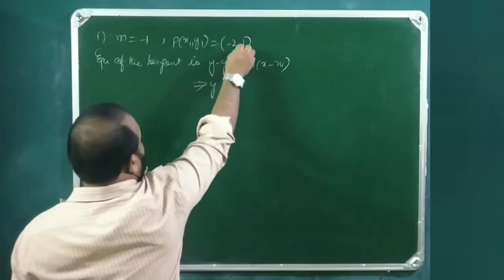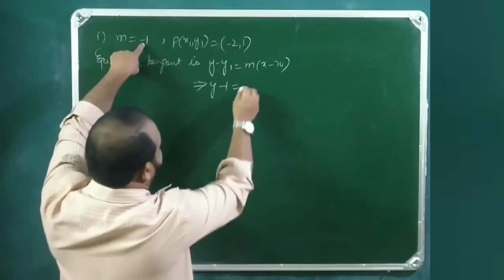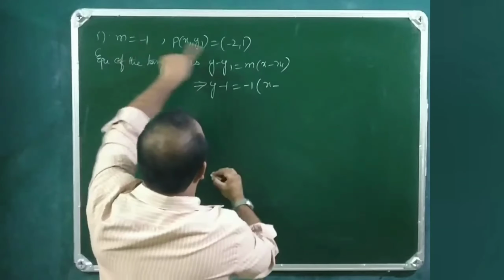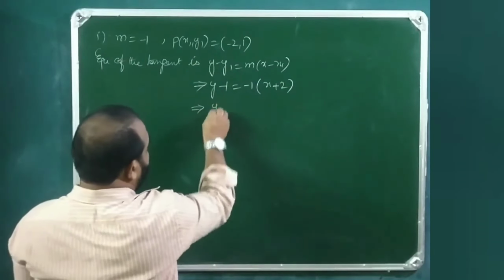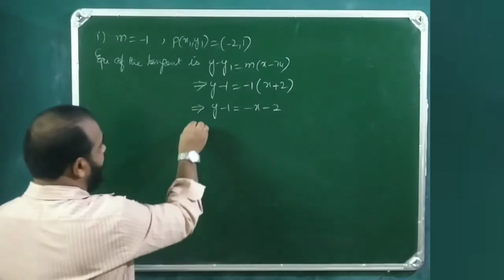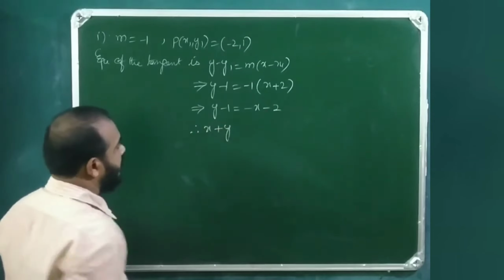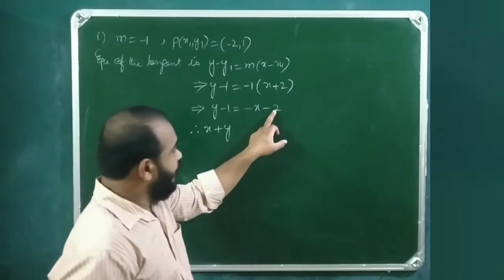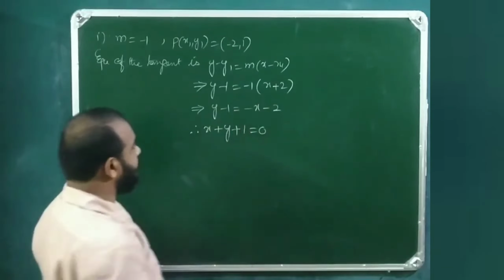So y minus 1 equals -1 into (x minus (-2)). So y minus 1 equals -x minus 2. Therefore x plus y, transposing the minus 2 gives plus 2, and 2 minus 1 is plus 1, equals 0.